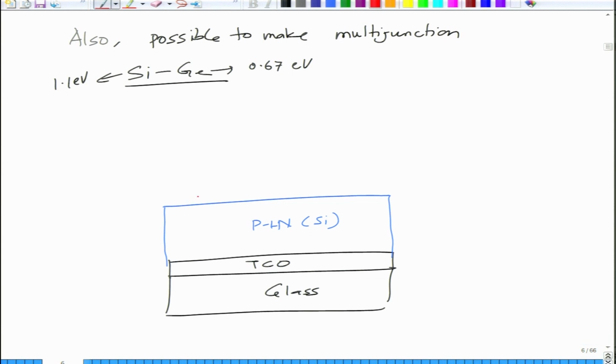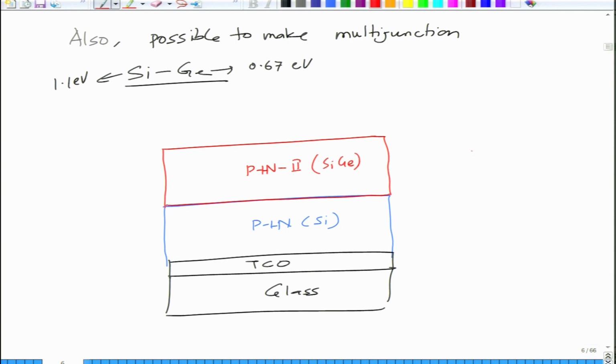This is pin 2, whose band gap is lower than pin 1, and this pin 2 is essentially a silicon germanium alloy.